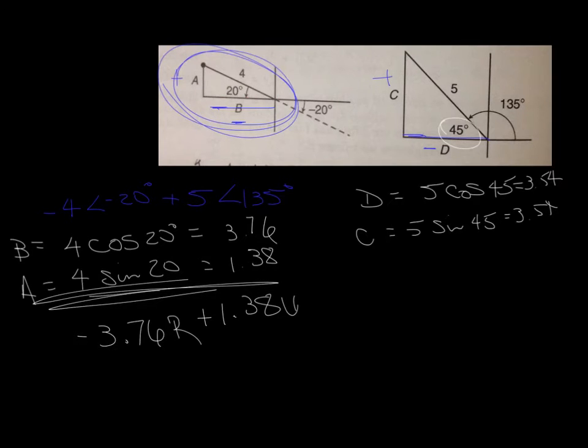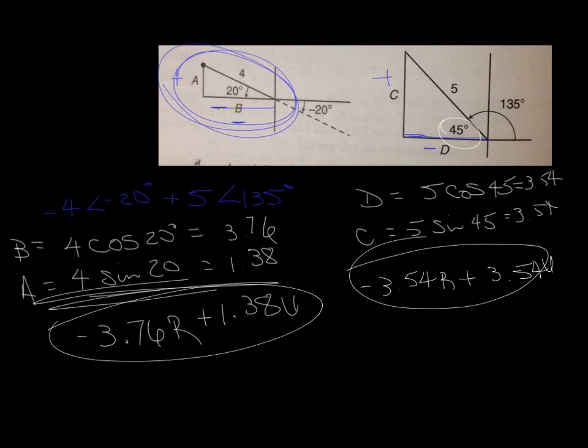Now let's look at the one over here. We went in the negative direction for d, so my d is going to be negative 3.54 r, plus, since I went a positive direction for c, 3.54 u.